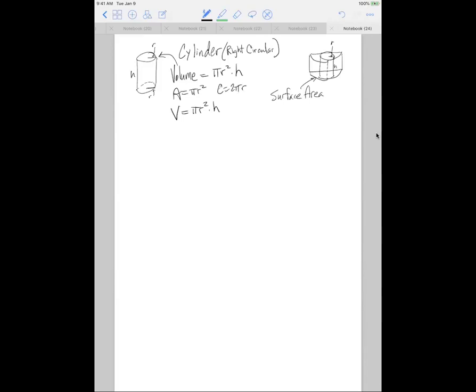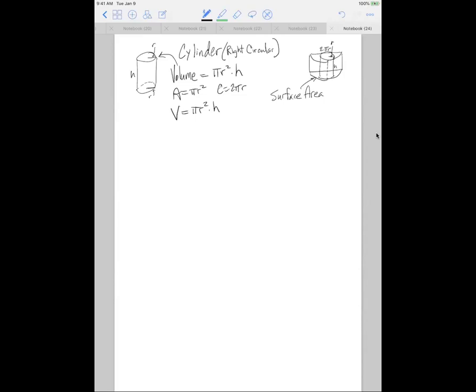Twice the radius is the diameter, but 2 pi r is a formula I kind of grew up with. So the circumference is 2 pi r, and that is the length of this side. So what is the surface area of the shape?